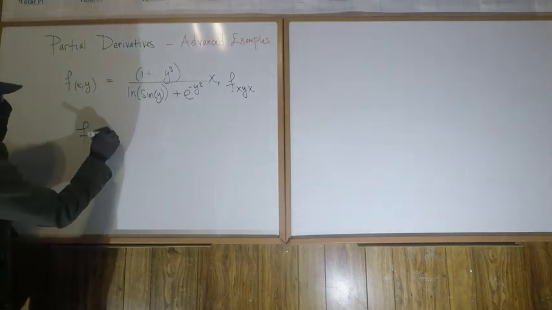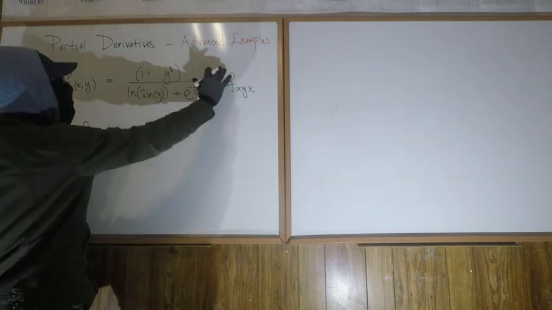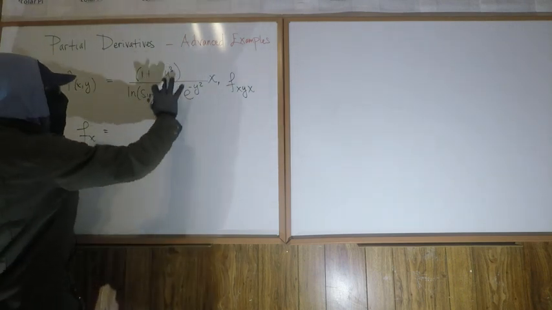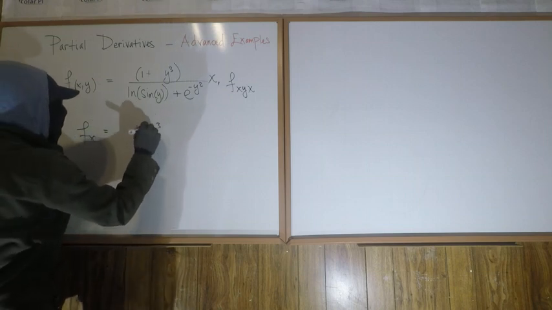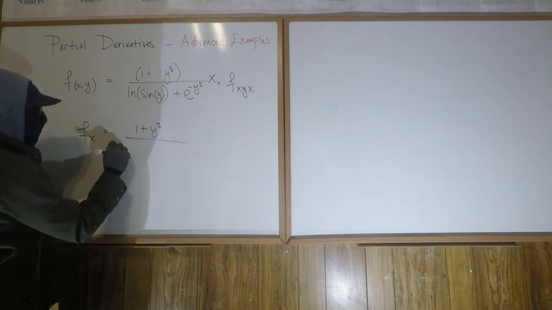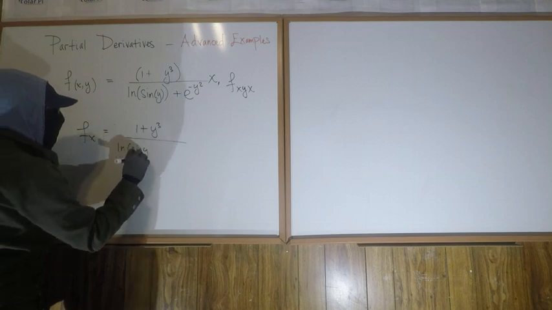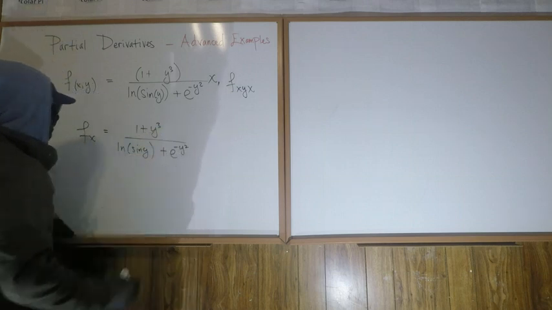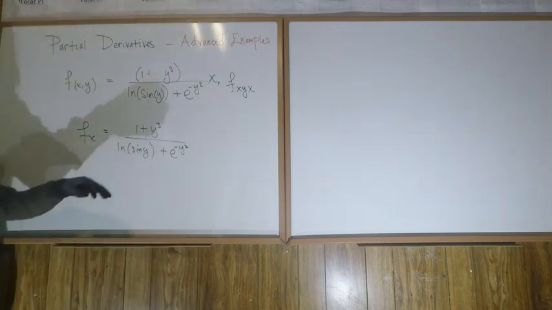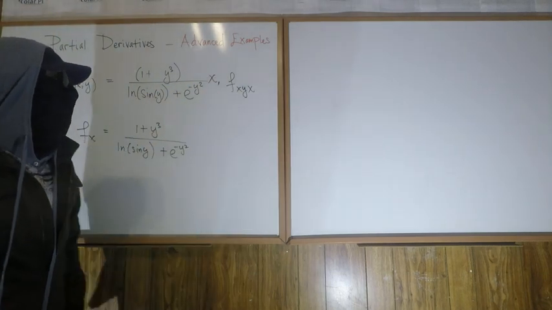So fx is like 2 times x, so it would be 2, which is this: 1 plus y cubed over the natural log of sine y, plus e to the minus y squared. Right now we're at fx, and where we need to get to is fxyx.